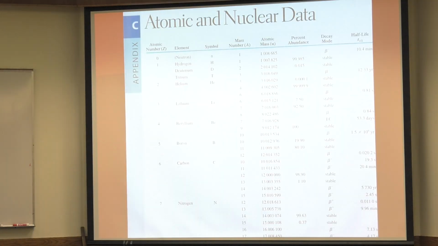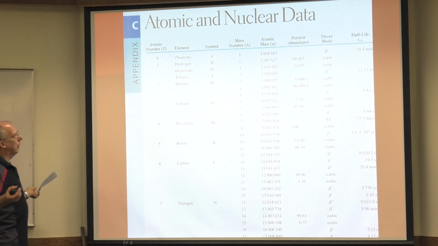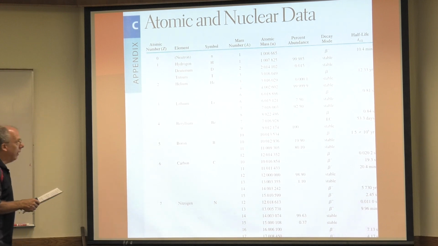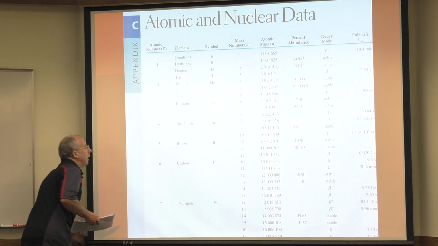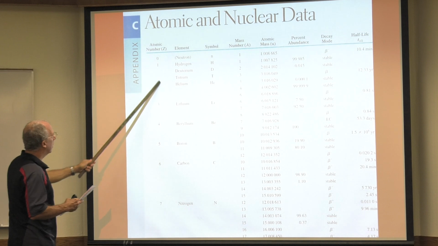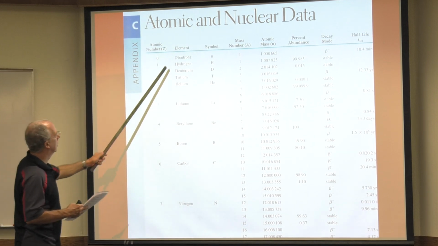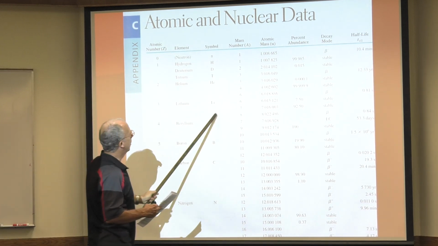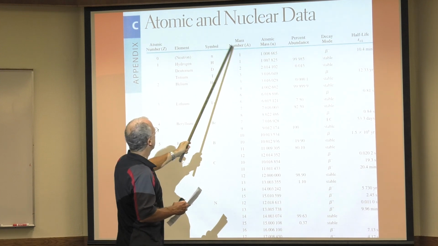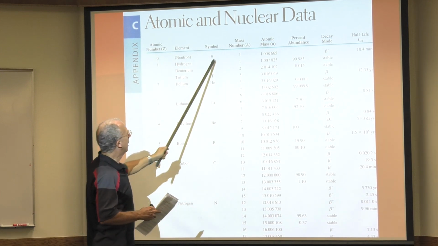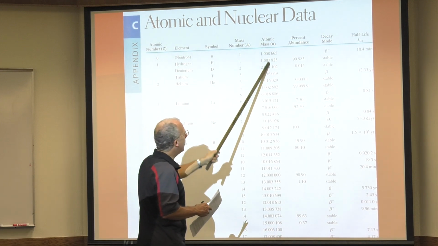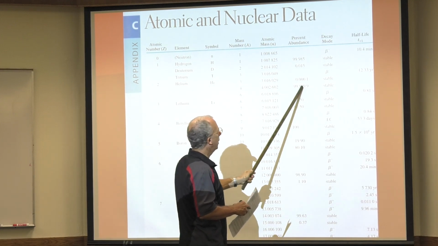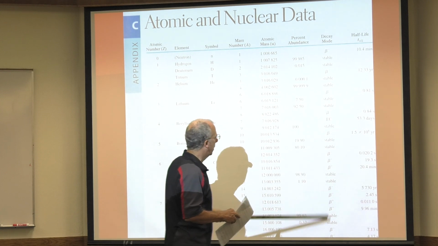Well, hold on. So here's the back of the book. It says Atomic and Nuclear Data, Appendix C. Now look at here. We have atomic number, number of protons, element, symbol, mass number of protons and neutrons, atomic mass, percent abundance, all this stuff we don't know about yet.